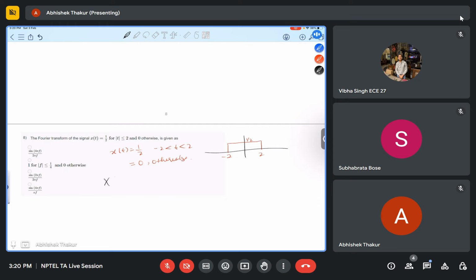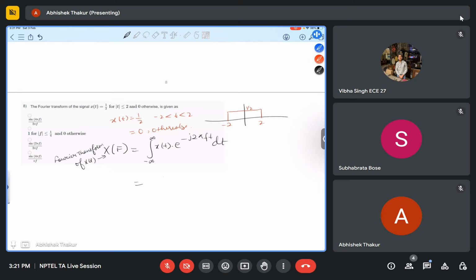So X(f), that is the Fourier transform of x(t), is given as the integration from minus infinity to infinity of x(t) times e to the power of minus j 2 pi f t dt.